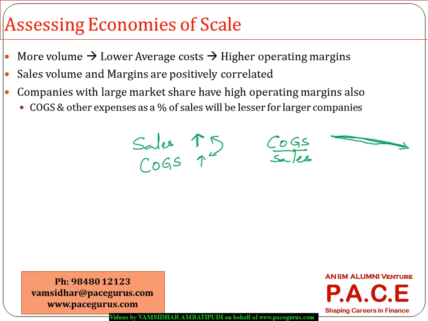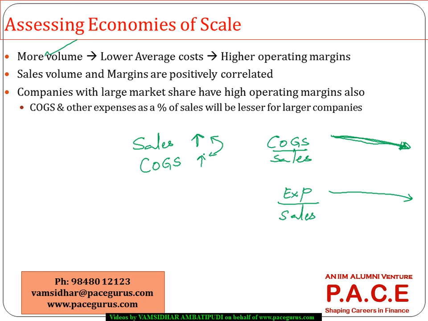As the business is increasing, if I see this ratio gradually falling, or even for that matter any other expenses, not only cost of goods sold, if I am looking at them as a proportion of sales, they should show some kind of falling behavior, which is an indication of the company being able to derive better economies of scale, because as the volume increases, the average costs will go down.